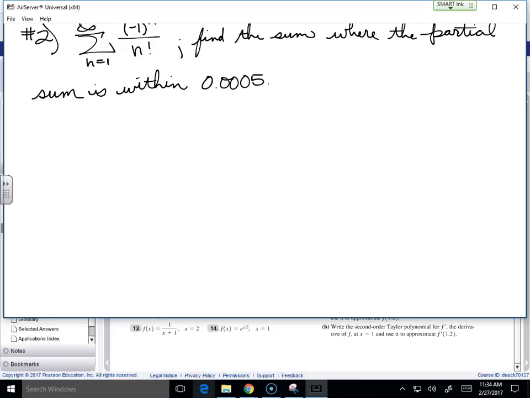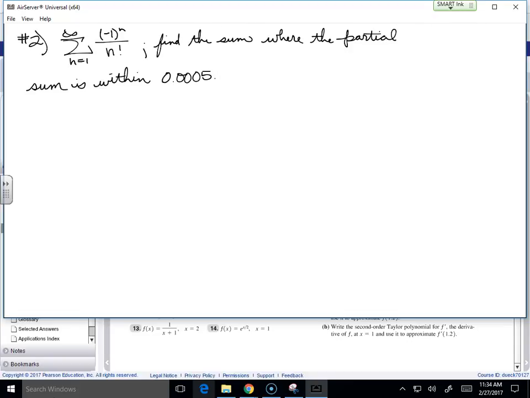Okay, so using our formula, since this is an alternating series, remember we're not going to learn how to do remainder for anything else besides alternating until section 10.4. The alternating series says the error, S minus S sub n, is going to be less than a sub n plus 1, which is less than 0.005.